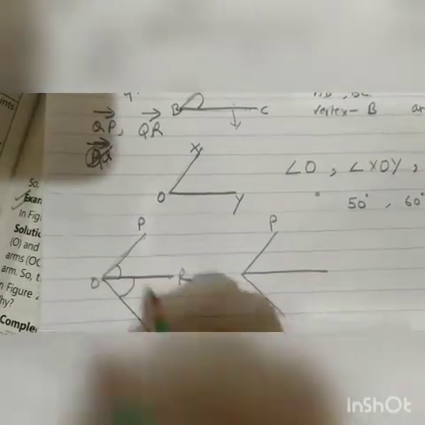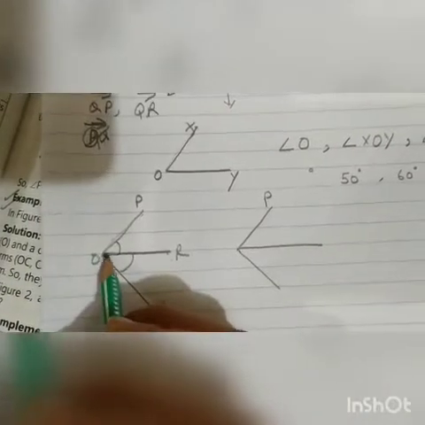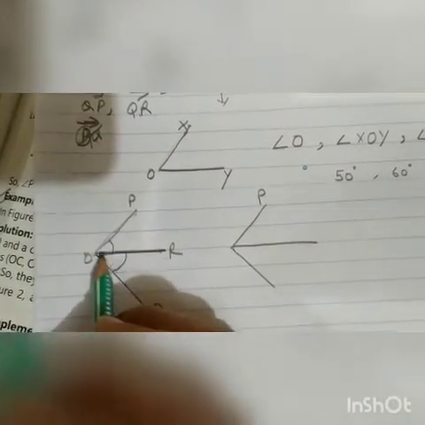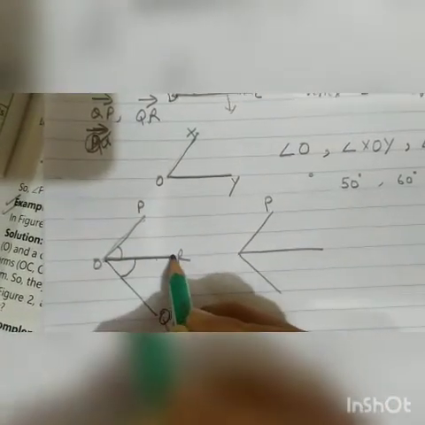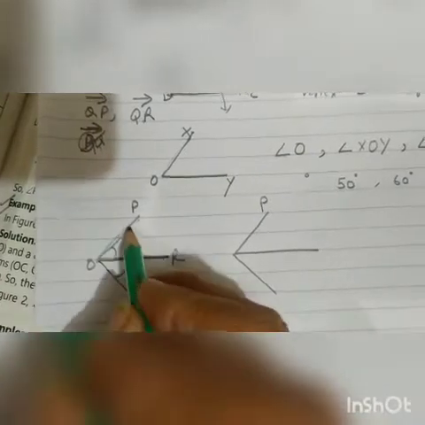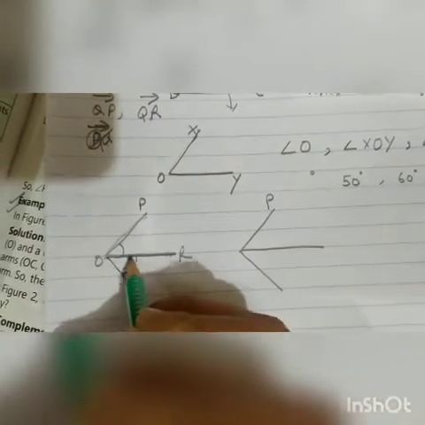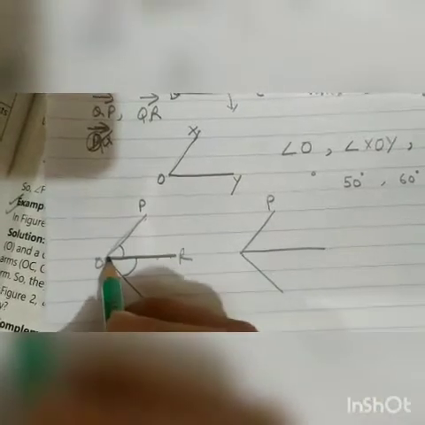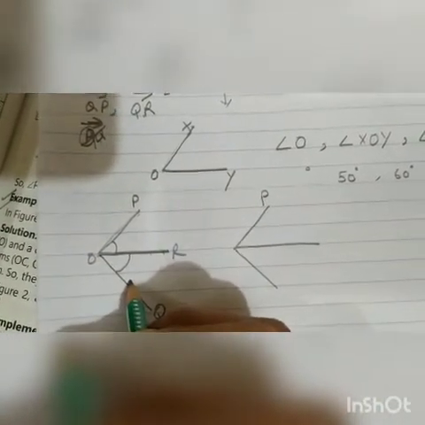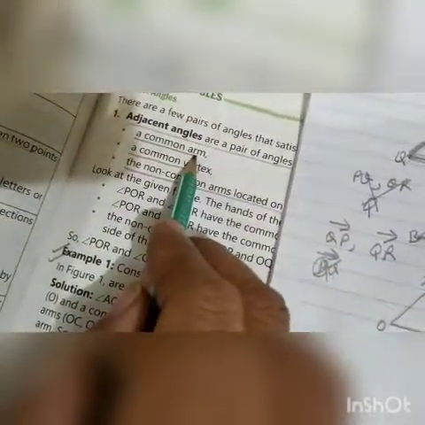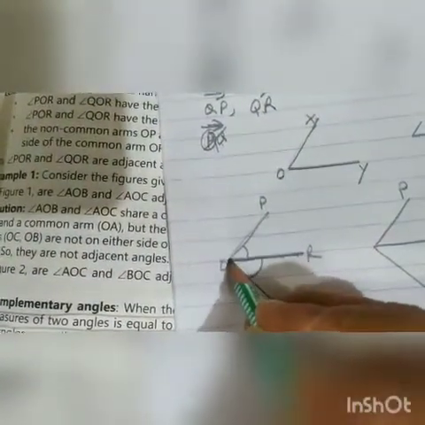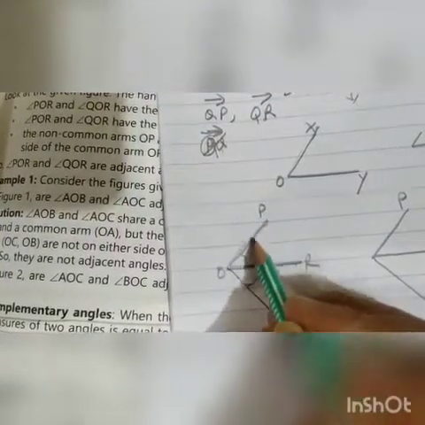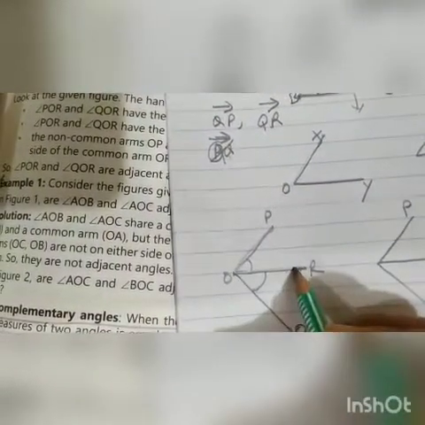In these two angles, students, see this line segment. This line segment is for both the angles. If we take the first angle POR, this line segment is part of this angle also. If we read this angle ROQ, then this line segment RO is also a part of this angle. So one arm is common. This is the first condition, a common arm. Then what is the second condition? A common vertex. See, this is the common vertex. This vertex is for the first angle and for the second angle.